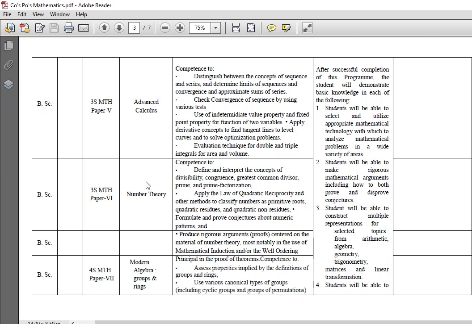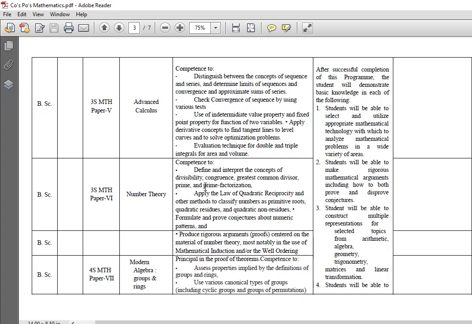So the other paper in semester 3 is number theory. As we have studied numbers from the start of our education, here you are able to define and interpret the concepts of divisibility, congruences, greatest common divisor, that is GCD, prime numbers and prime factorization.